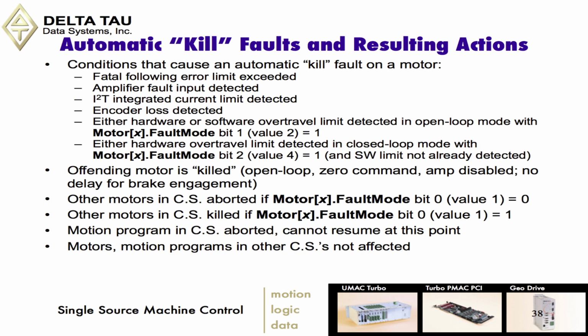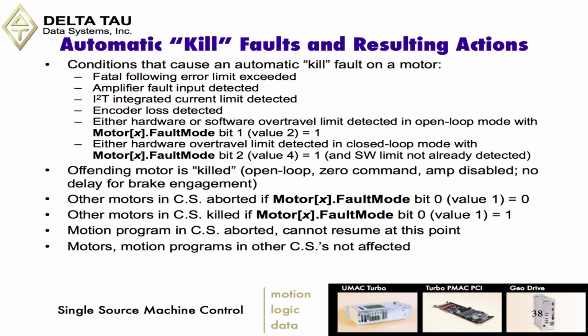In these cases, the motor is killed. So it's put open loop, zero commanded output, the amplifier is disabled, and there's no delay in the engagement of the brake because this is a kill situation. So we're trying to be as safe as possible. Other motors in the coordinate system are aborted if the Motor[x].FaultMode bit 0 is equal to 0.